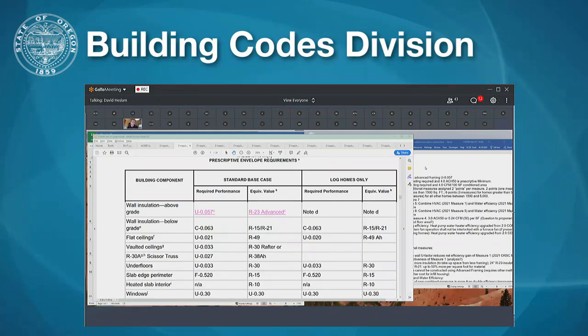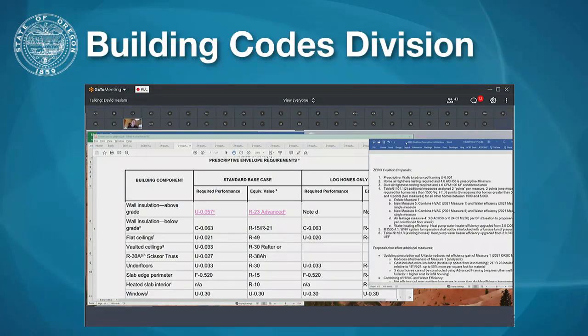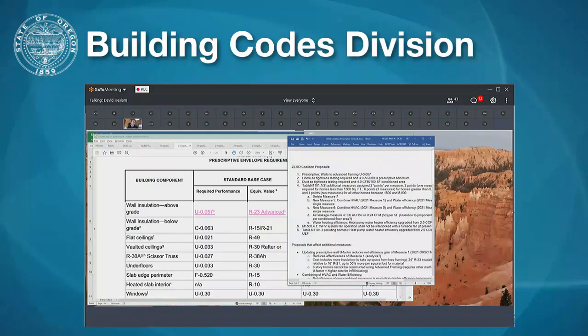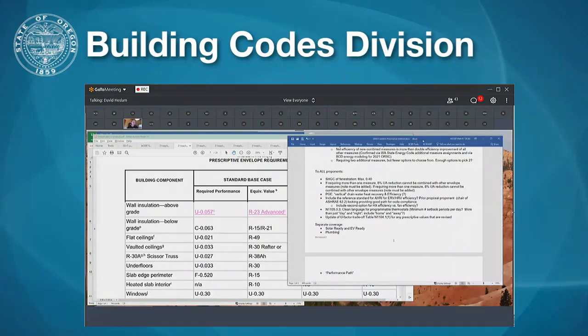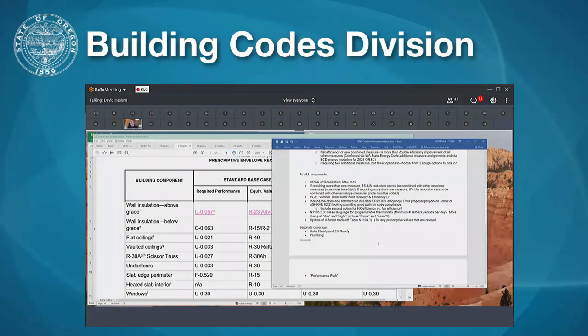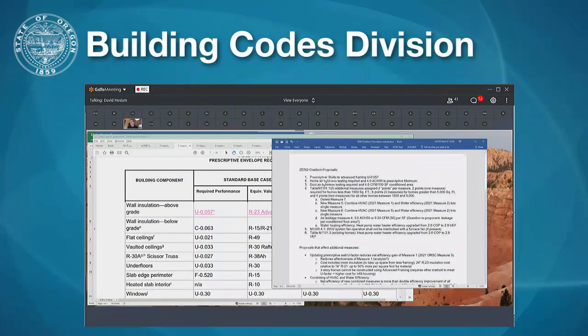And then the other areas where our proposal differs is that we did add in requirements for electric vehicle ready and additional requirements for solar ready that bring it more into the Oregon definition of solar ready, more into alignment with, I believe it's Appendix U from the IECC. Is that the right appendix I'm naming, Mark?